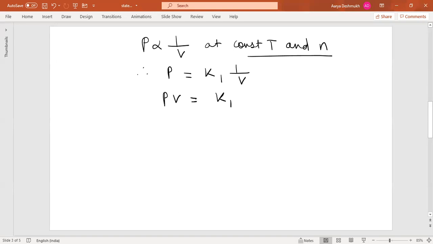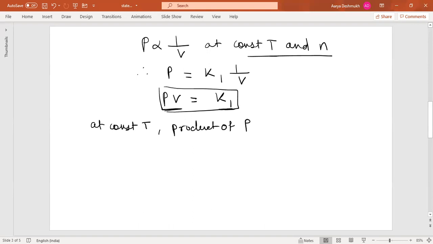It means that at constant temperature, the product of pressure and volume of a fixed amount of gas is constant. This is the proportionality constant. This can be put in a sentence in this way: at constant temperature, the product of pressure and volume.